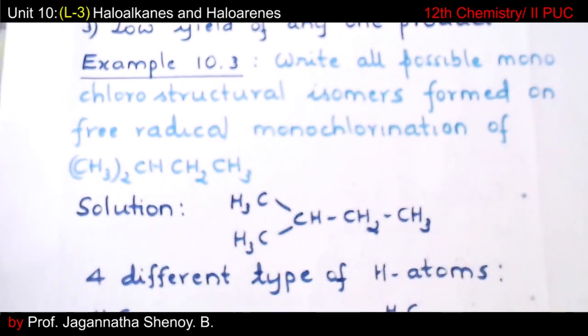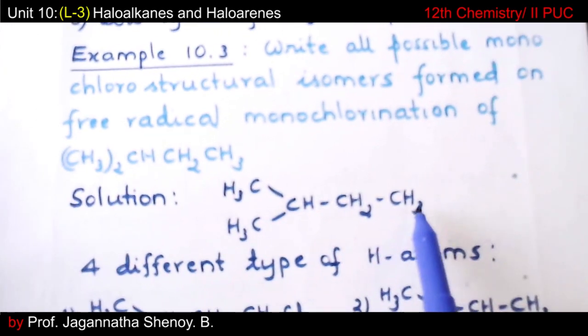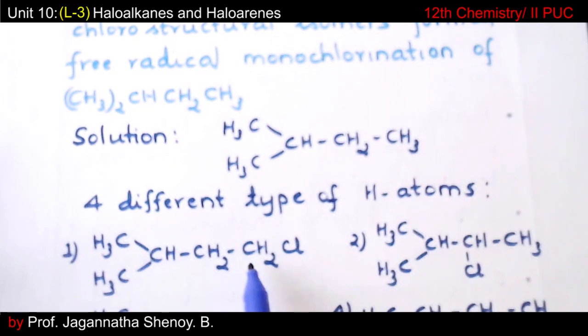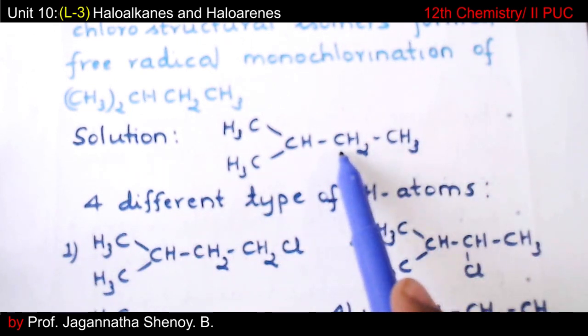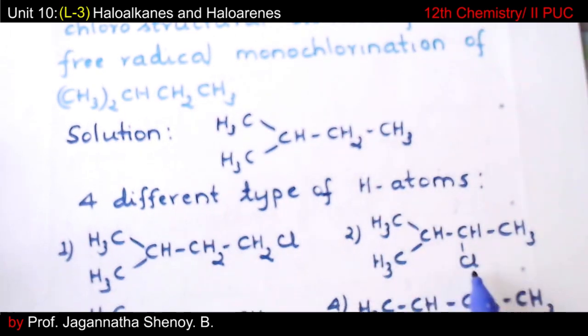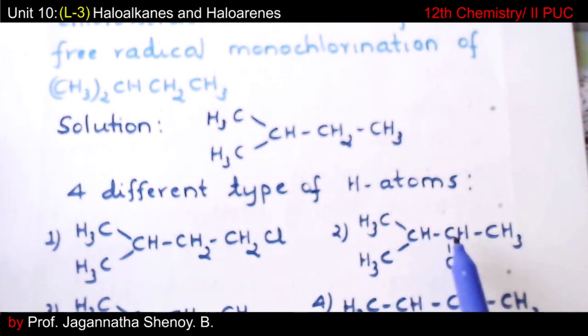Which are the 4 different types of hydrogen atoms here? Imagine, if I replace one hydrogen from this CH3, I am going to get this compound, CH2Cl. In the second case, I'll replace one hydrogen atom of this CH2 group by chlorine. I'm going to get the second product where the hydrogen atom is replaced by chlorine atom on the second carbon atom, if I start from the right hand side.